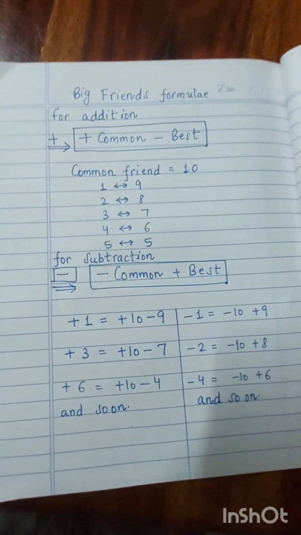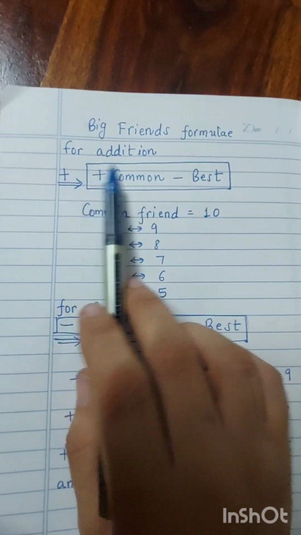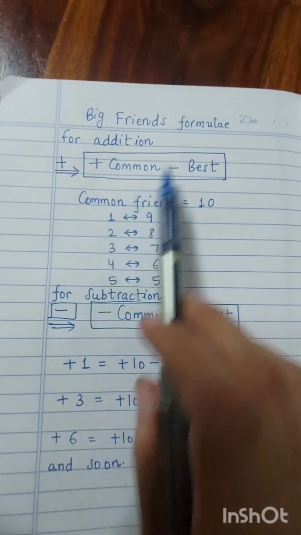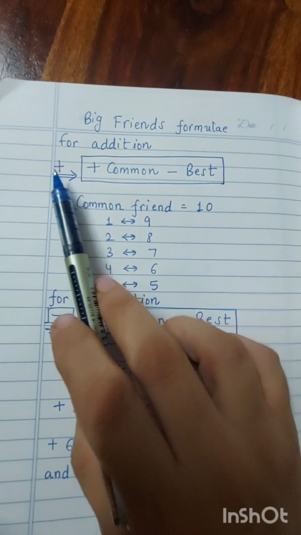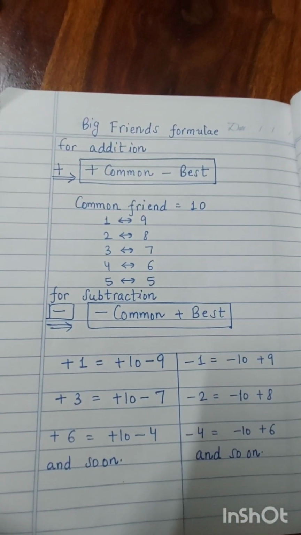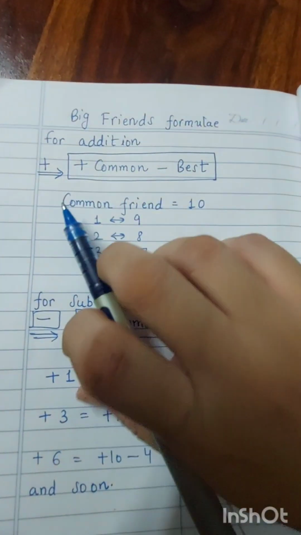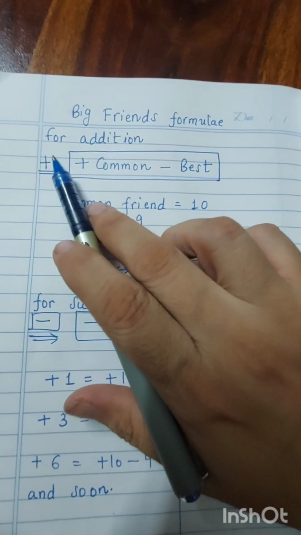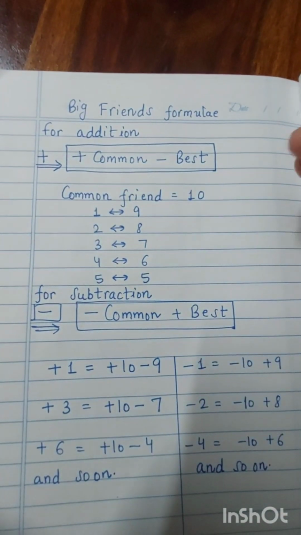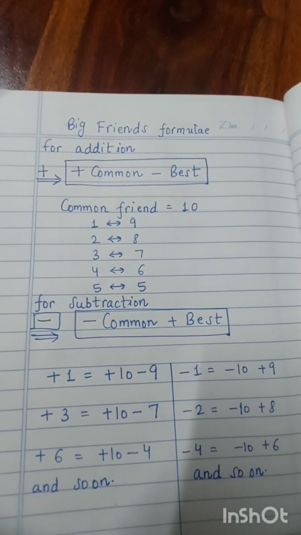So let's start. First of all, I'll share the formulae for addition. Whenever you have to add any bead and you don't have any bead left to add, you always take the help of either small friends or big friends.